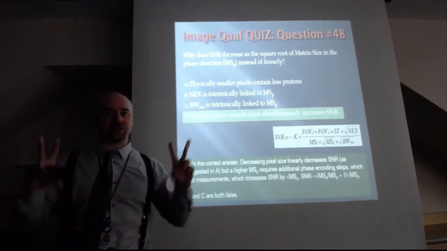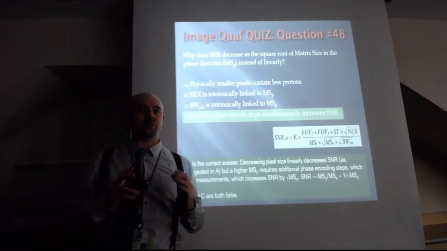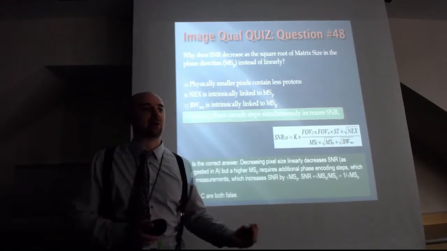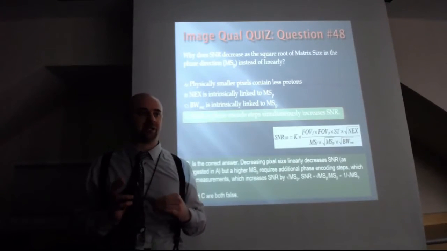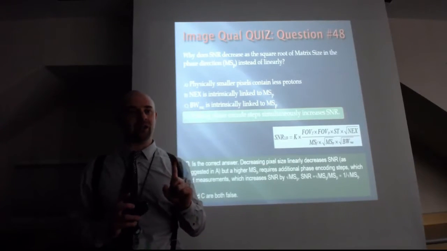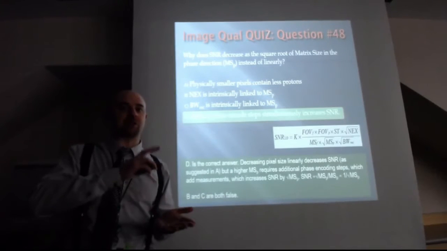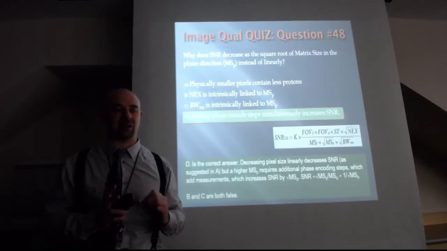Now, when I say doing more measurements, I mean that necessarily the number of phase encoding steps is set by your matrix size in the phase direction. Each phase encoding step is an independent measurement, right? NEX is also a way of doing extra measurements, but increasing your NEX will just increase the number of times you do each already existing phase encoding step and average it.